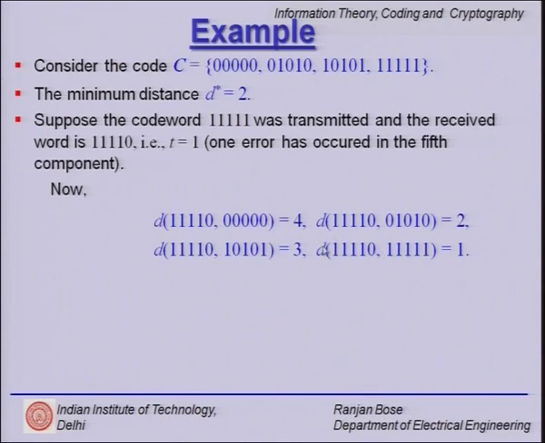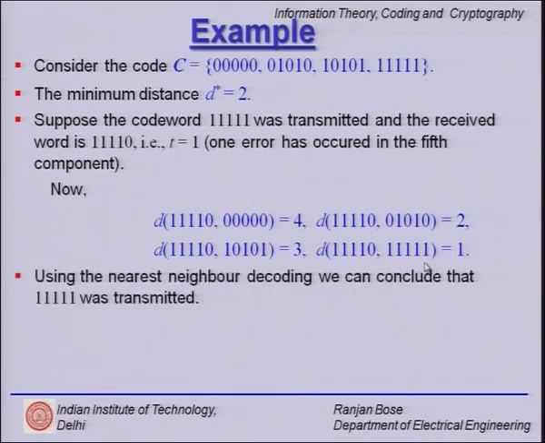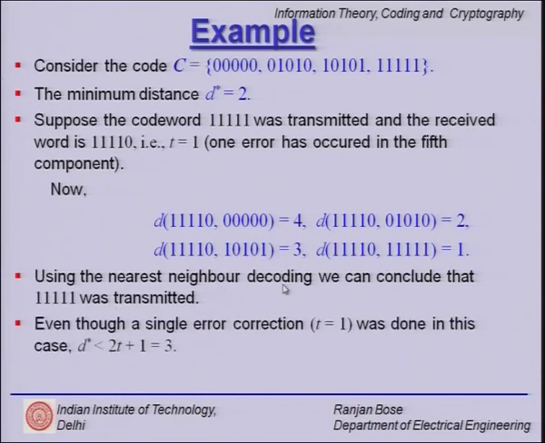So, in the code space, the received vector is closest to 1 1 1 1 1 than any other code word, and hence the nearest neighbor decoding tells me that not only did you make an error, you have a fair chance of correcting it, and the real code word that was transmitted was 1 1 1 1 1, and you have been able to recover from the error. So, we applied this nearest neighbor decoding.